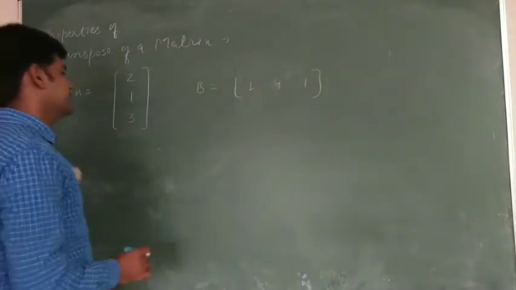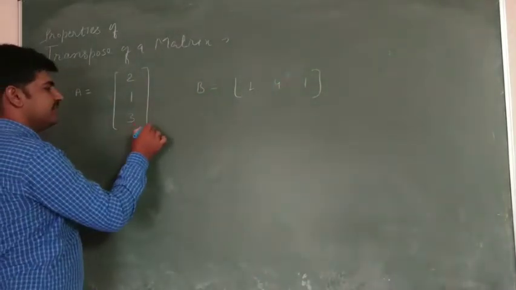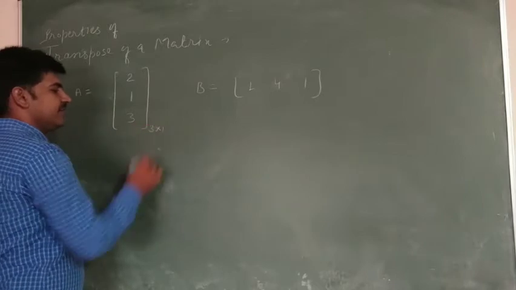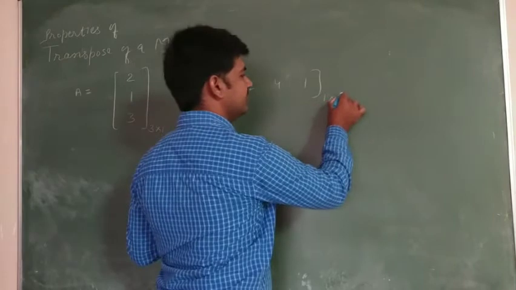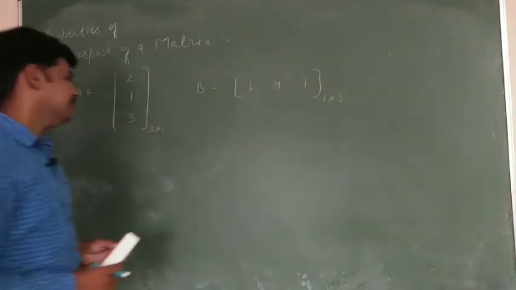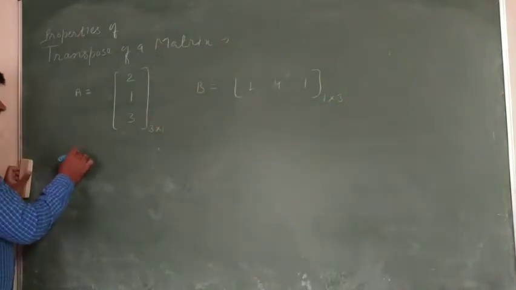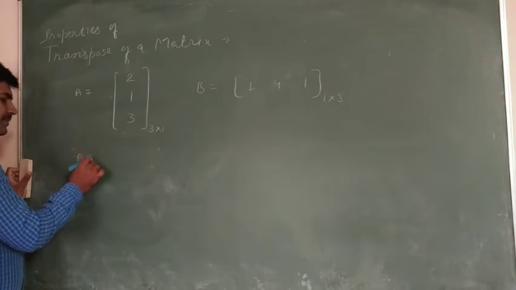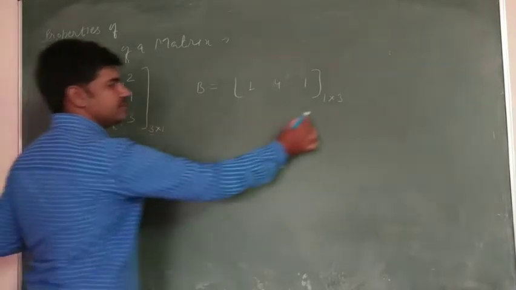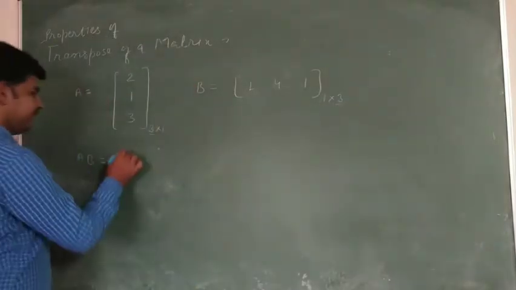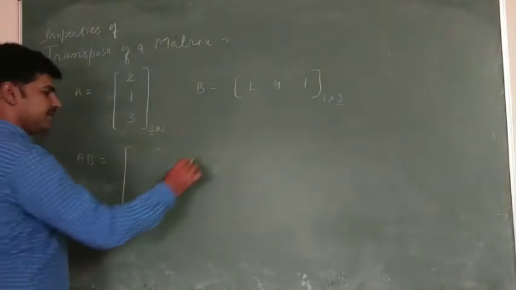Since the order of A is 3 by 1 and the order of B is 1 by 3, if I first of all find AB, it is a matrix of order 3 by 3. So here I am finding the matrix AB.